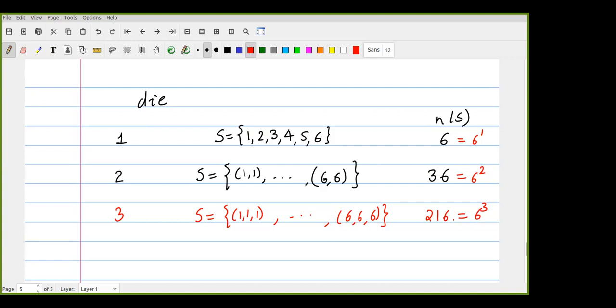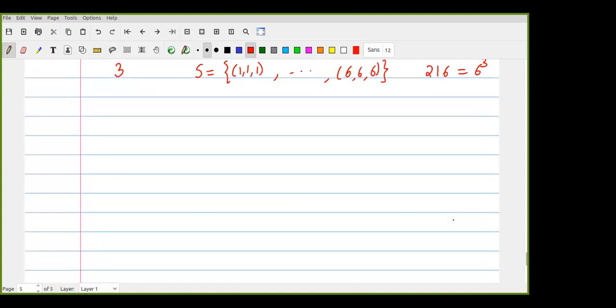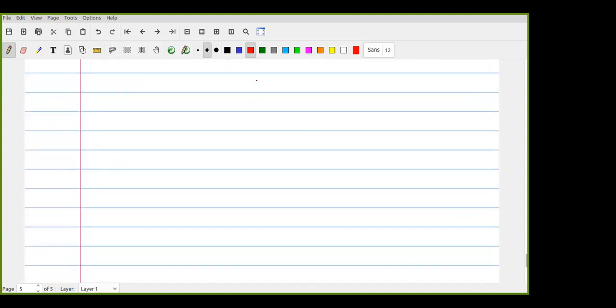I know that both of you know about the pack of well shuffled cards, but let me just show it to you once, and then we go to the problems. There are 52 cards, and in these 52 cards we have two colors. We have red, which are 26, and black, which are also 26.